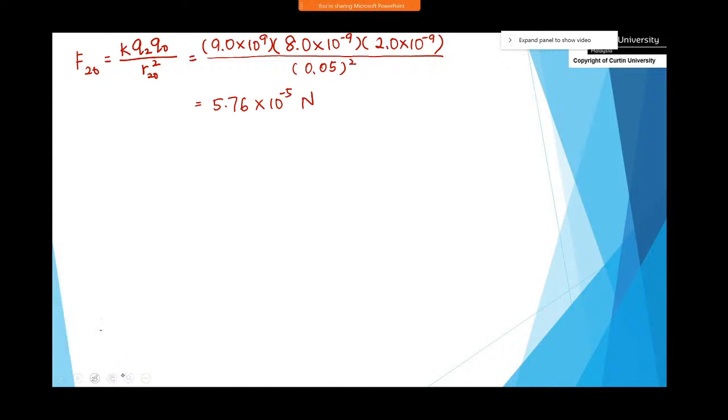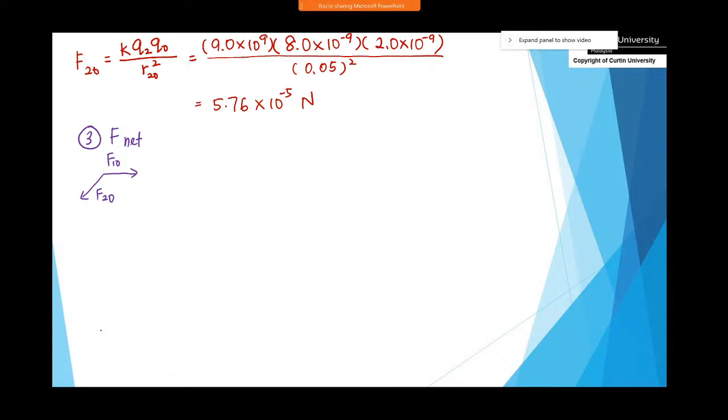Move on to step 3, find the net force. If you look at the directions just now, F1O is moving to the right, F2O is moving diagonally downwards.